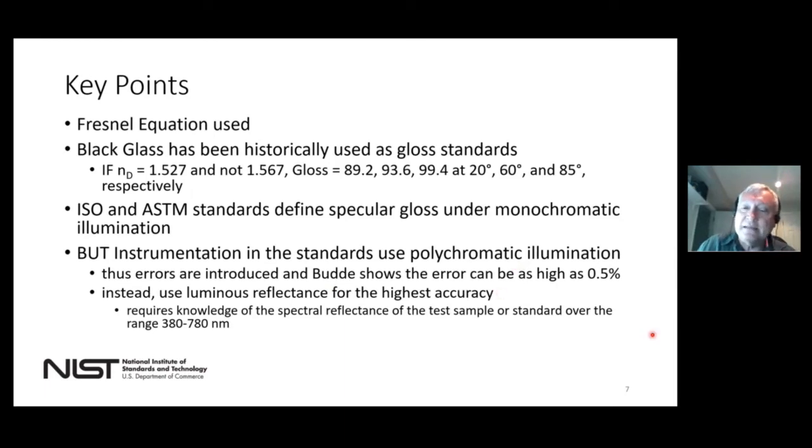It's not too bad as far as a measurement instrument is concerned, but this level of accuracy is not desirable if you are a National Metrology Institute and you want to provide a gloss standard with a calibrated value. So to reduce the error and to provide the highest accuracy, the luminous reflectance should be used instead. This requires knowledge of the specular reflectance of the test sample or the standard to which the sample is compared.